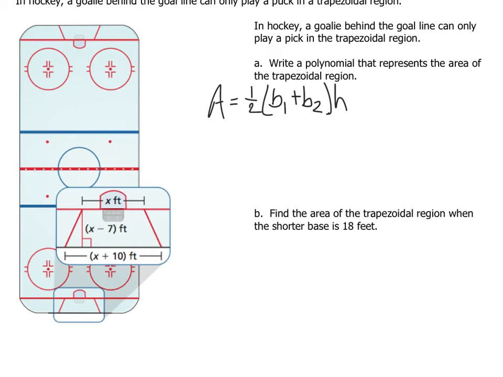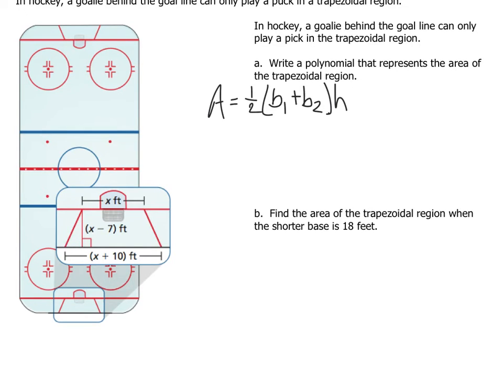So looking at our picture here, we have a couple of things we got to look at. So first, the 2 parallel lines. These 2 right here are our bases. The height is always the perpendicular line between the bases.